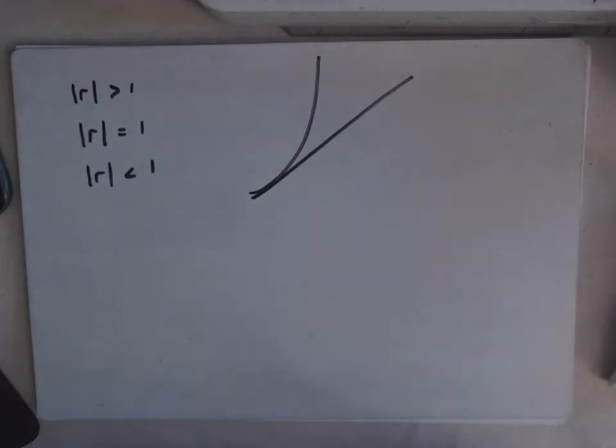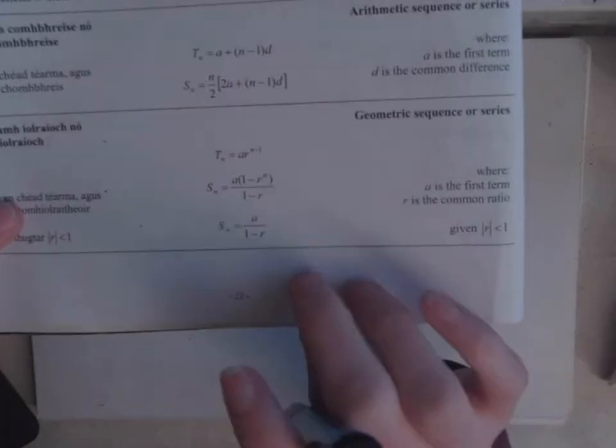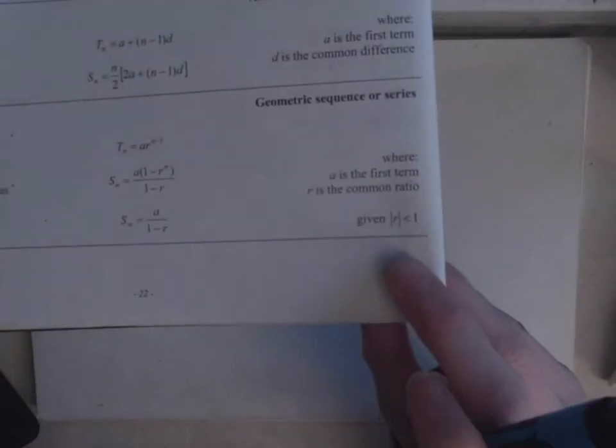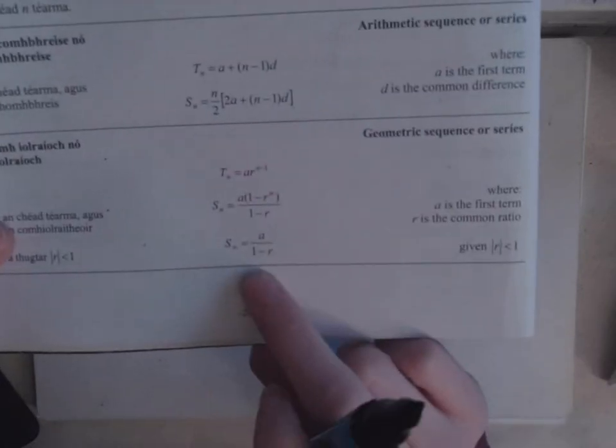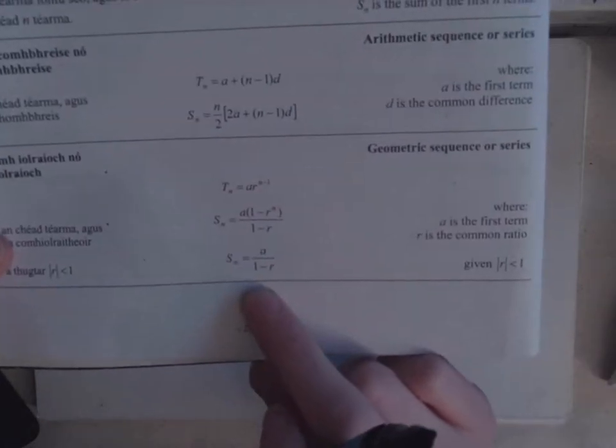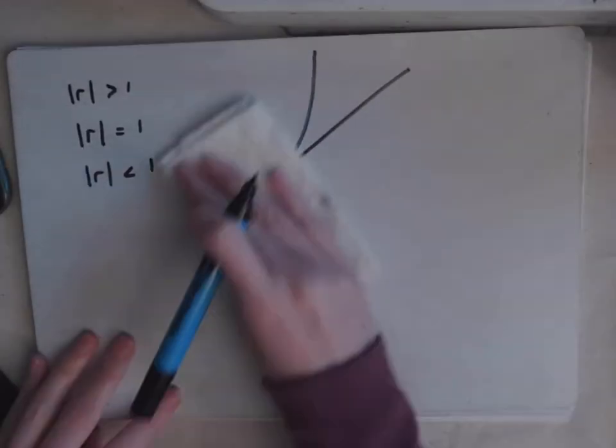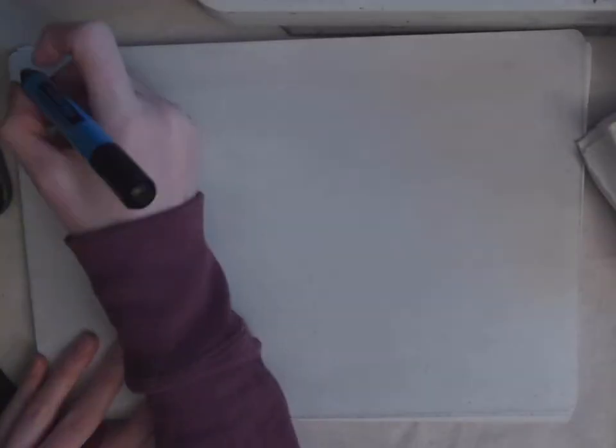You can find the limit of a geometric series as n goes to infinity by using this, okay? But you can only use this if your common ratio is less than 1, okay? So you have S to infinity, the sum to infinity, and this comes up a lot, okay? So we'll just do a little example.